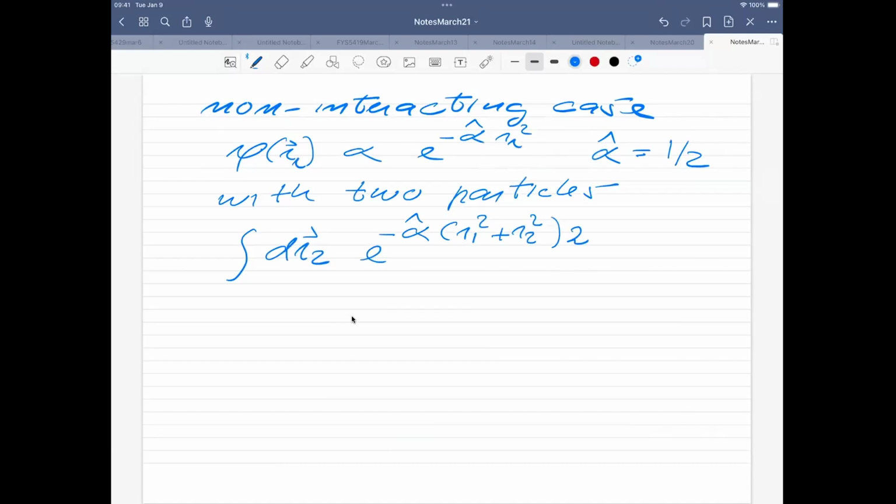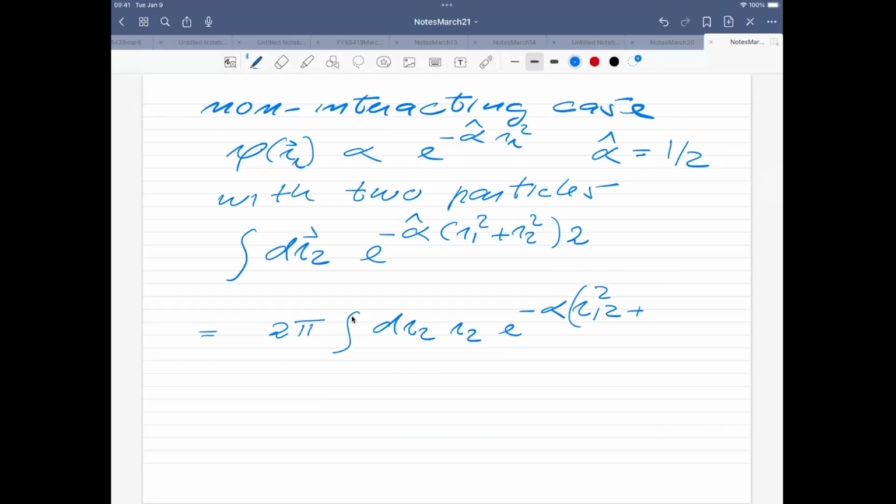And in our case, that becomes simply, if we now transform to polar coordinates, this would simply be given by 2 pi, and then we have a d of r_2, and then there's an r_2, and then I have an e of minus alpha, and r_1 is not included, times 2 here.